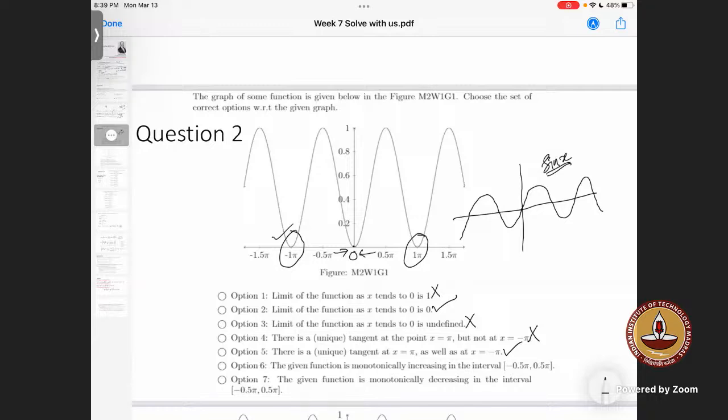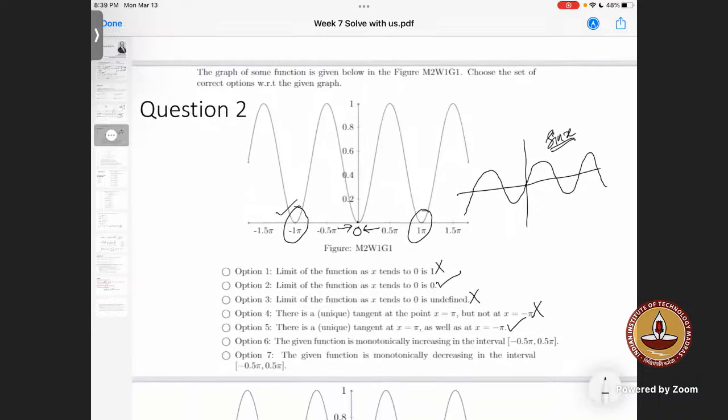Can we explain this with the equations of both tangents? Yes, sir. The tangent at x equal to pi is also the tangent at x equal to minus pi. That's what you are saying, right?